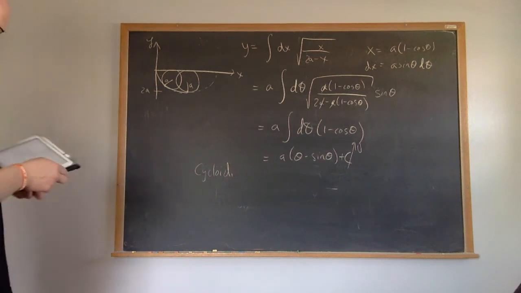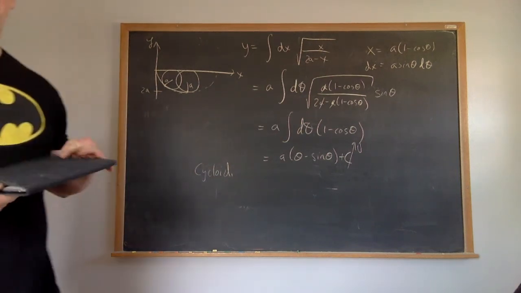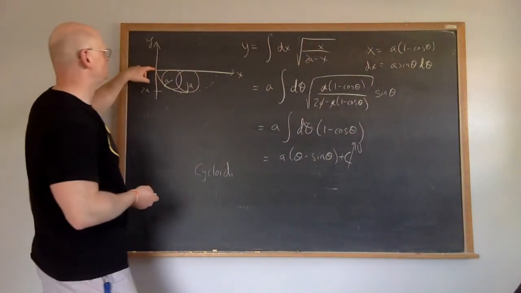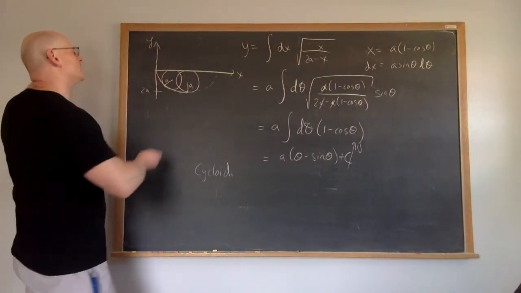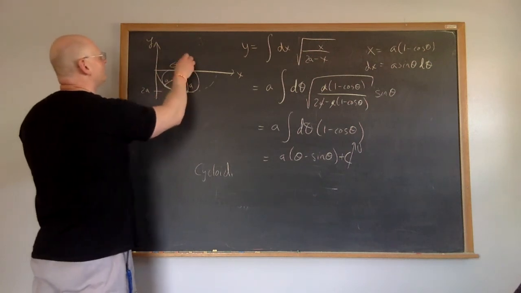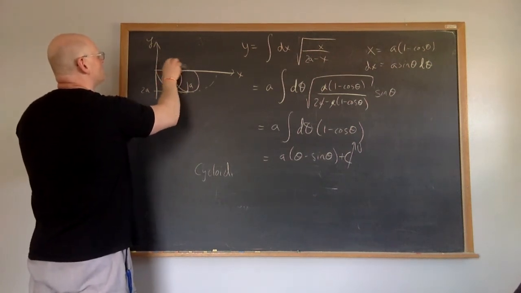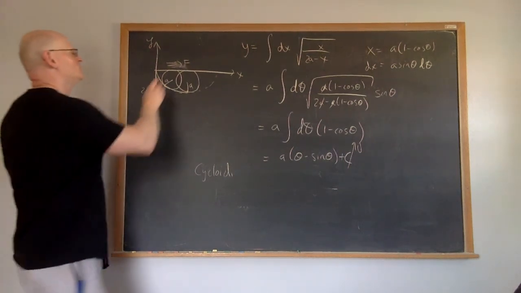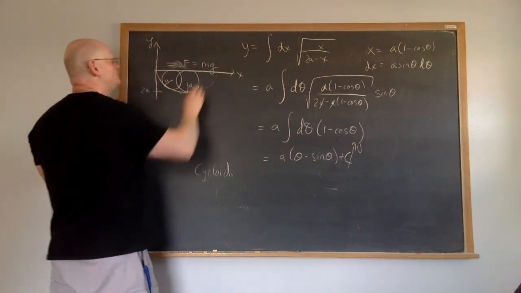So the path that minimizes the time for a point which is under a constant force. So again, our force is pointing in the x direction. So we're pushing it this way in the x direction. So this has a constant force, which we're simply writing as mg.